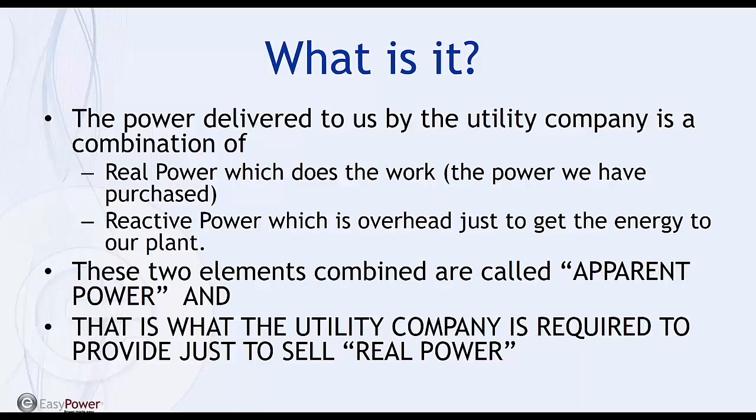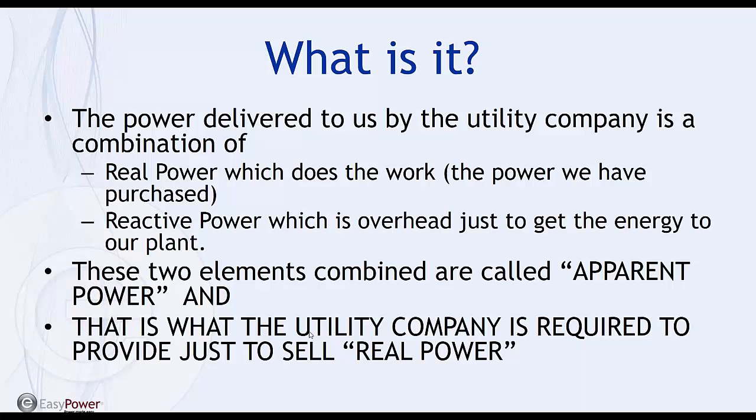These two elements combined are called apparent power, and that's the total that the utility is required to provide just to sell us the real power. The higher this reactive power element is, the more inefficient the delivery becomes, and there's a burden on the utility company to improve the connections and the size of the transformers, and that's why they're motivated to encourage the end customer to be more efficient.